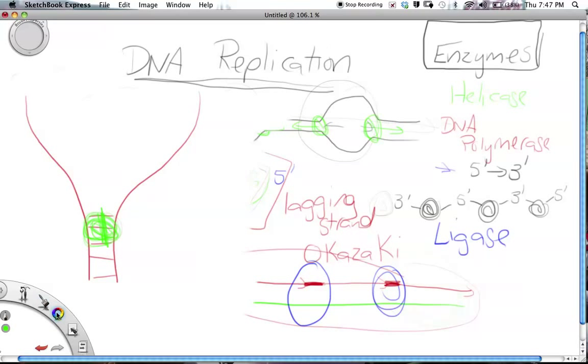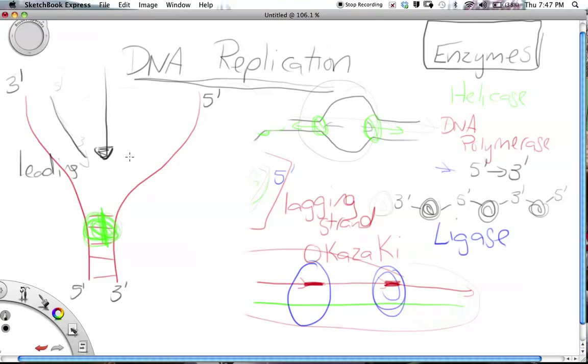Then we're going to make this 3', 5', 3', 5'. So replication is occurring in this direction, and so this new strand you have to look at and say, okay, it's being made 5 to 3 towards the fork, so therefore this is going to be our leading strand.